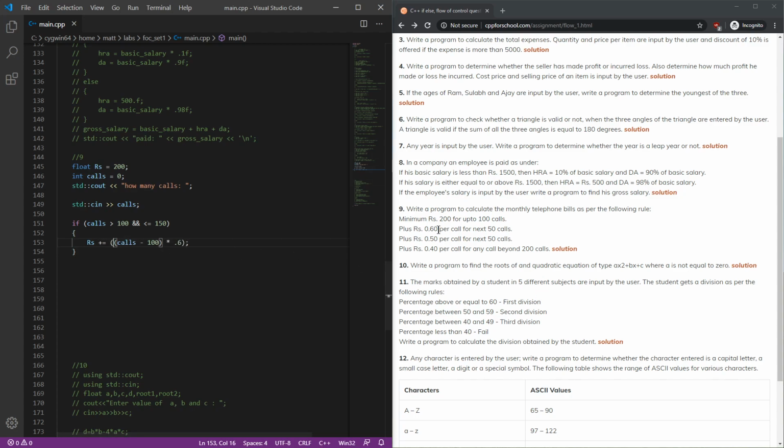So it says 60 cents. Okay, so the first 100 are already accounted for. So that's the first $200 bill. And then all the way up to 150 is 60 cents.